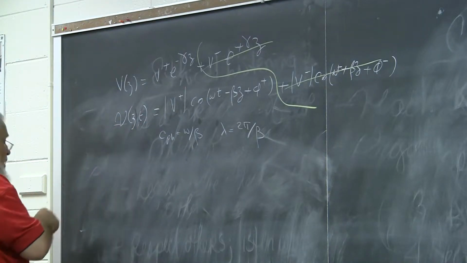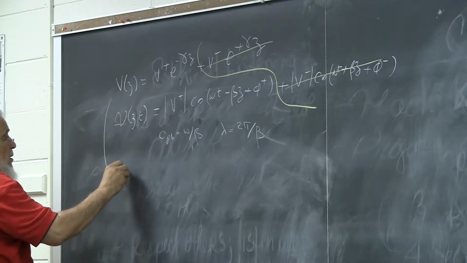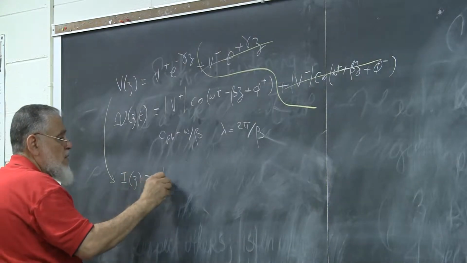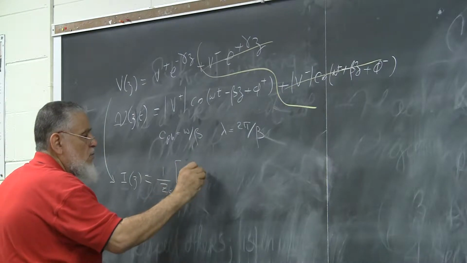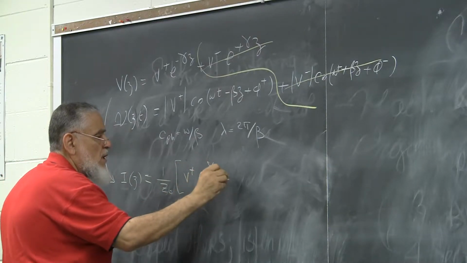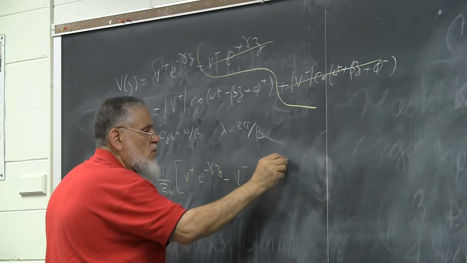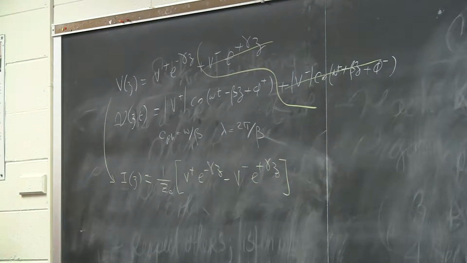Now, if I want to write the current, which we didn't get to, I of z, the solution was 1 over Z naught times V plus e to the minus gamma z minus V minus e to the plus gamma z. That was the general solution that we derived from the differential equation, based on doing the KVL and KCL and solving the simultaneous equations.